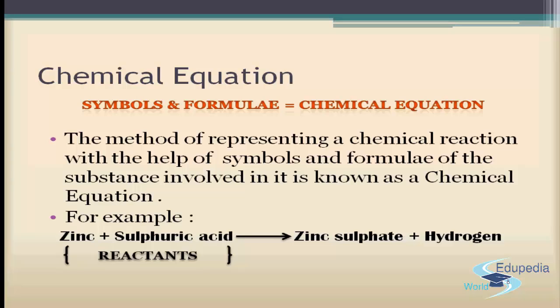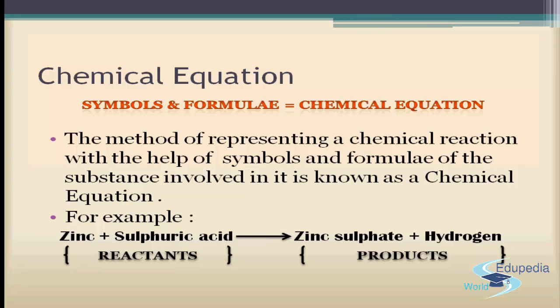Here zinc and sulfuric acid are reactants, and zinc sulfate and hydrogen which are produced in this reaction are called the products. The arrow sign you can see here pointing towards the right side is put between the reactant and product. This arrow actually indicates that the substance written on the left side are combining to give the substance written on the right side in the equation.